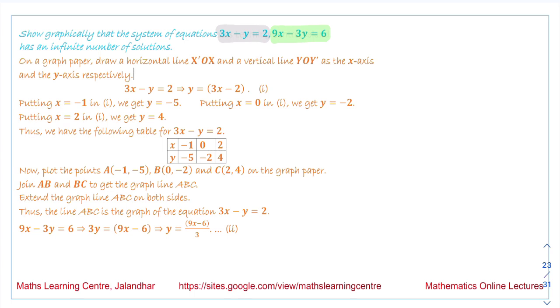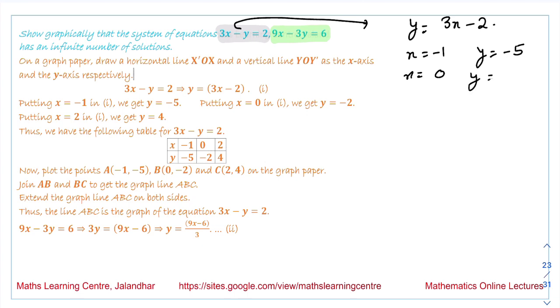So if we look at the first equation over here, we can write y is equal to 3x minus 2. If we put x is equal to minus 1, we get y is equal to minus 5. We put x is equal to 0, we get y is equal to minus 2. We put x is equal to 2, we get y is equal to 4.